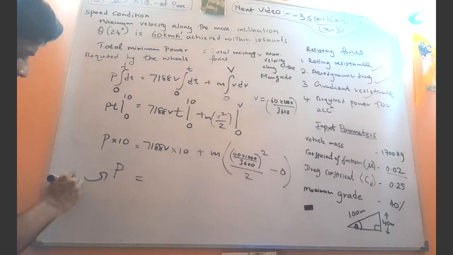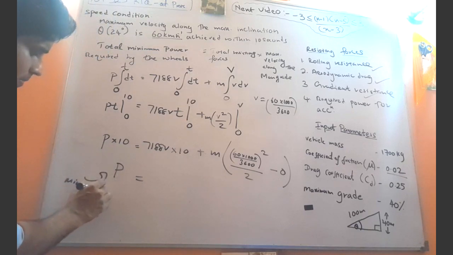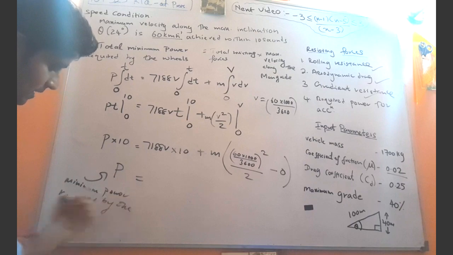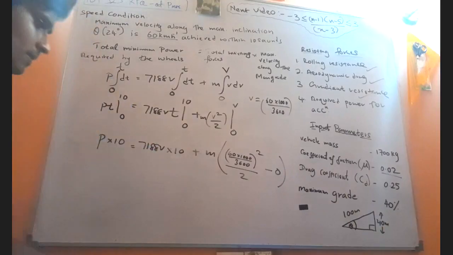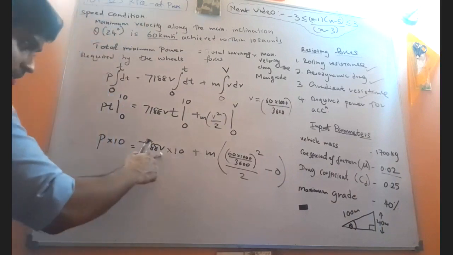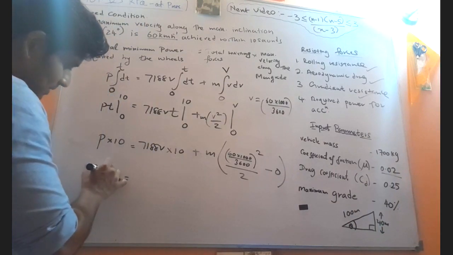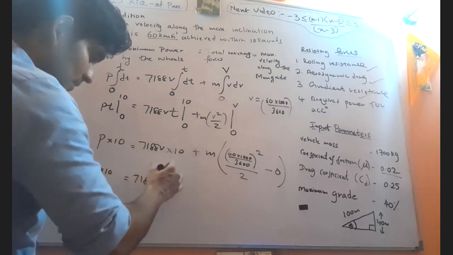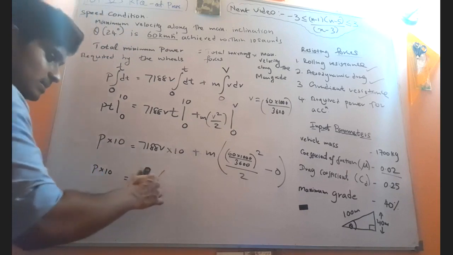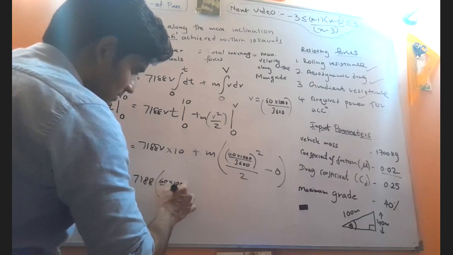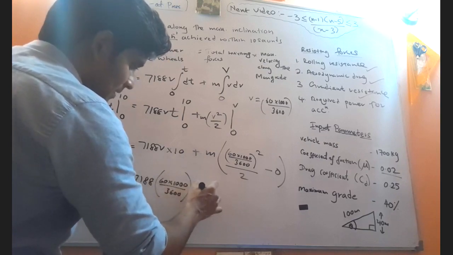This is the minimum power required by the vehicle. Here we can substitute the value for the mass and also for the velocity. So P times 10 equals 7188 times v. Be careful to apply standard units: 60 multiplied by 1000 divided by 3600 times 10.